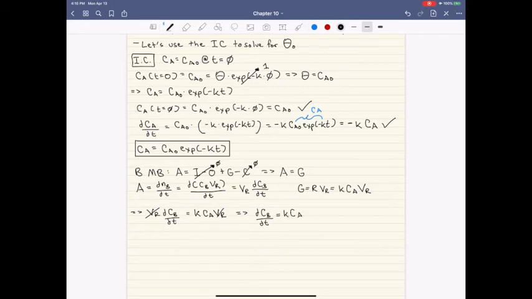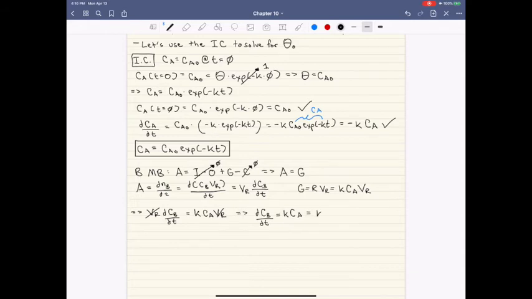Now, it may seem kind of strange that our differential equation for Cb, for species B, is a function of Ca here, right? But what we have to remember is in the previous section, we derived an equation for Ca. And so what we could do here is just plug in what we derived for Ca.